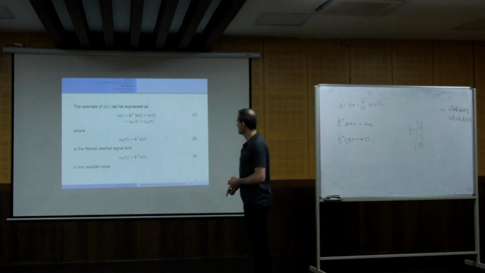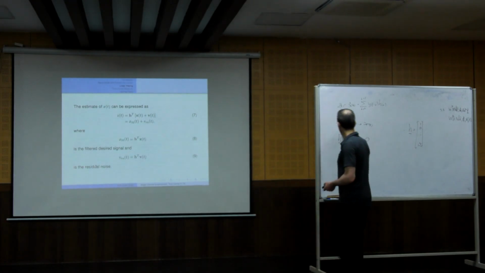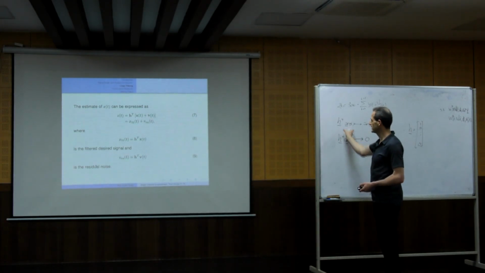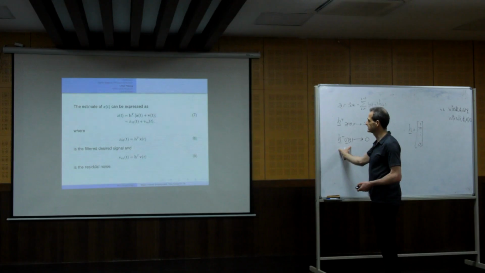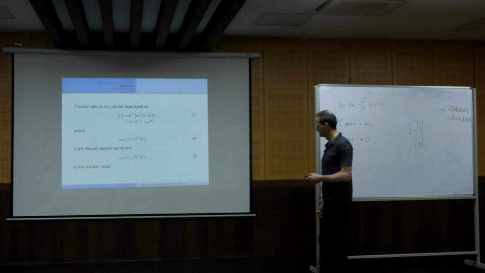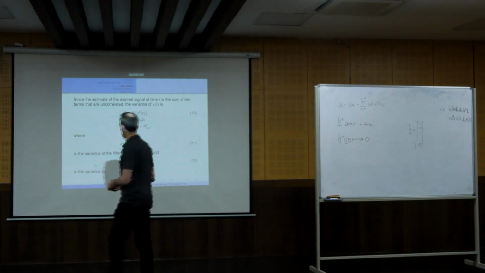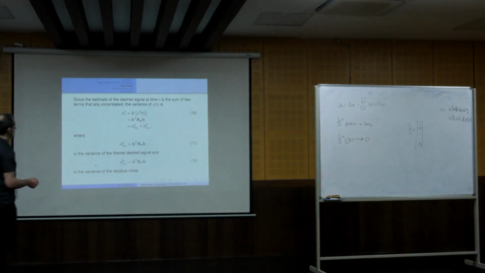So we can measure what is the variance of the filter desired, and what is the variance of the residual noise. We want the variance of the error to be as small as possible, and the residual noise to be as low as possible. So the variance of the estimate contains two components, the variance of the filter desired and the variance of the residual noise.